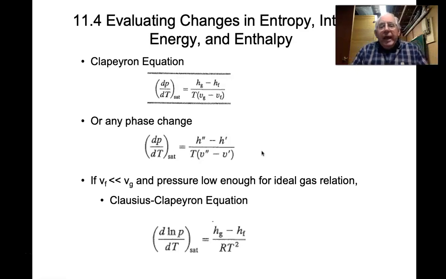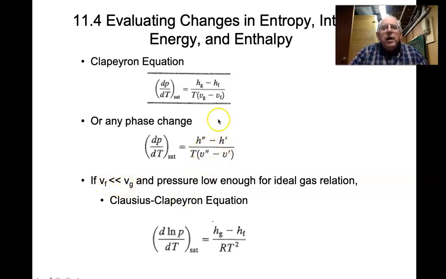Now, if we take this equation and look at lower pressure conditions wherein we have the possibility of ideal gas behavior, what we know about ideal gases is that the specific volume change as the substance goes from liquid to vapor, V sub F is much, much smaller than V sub G.